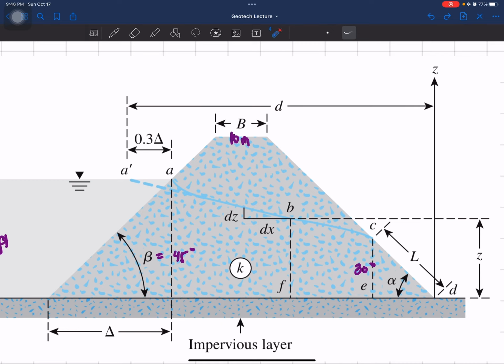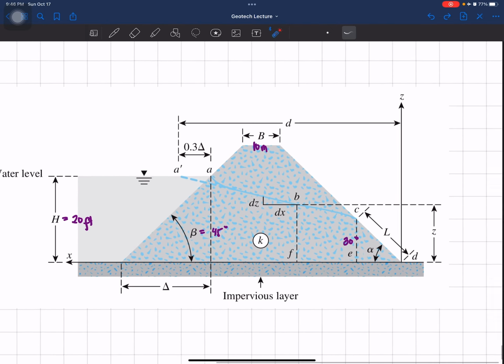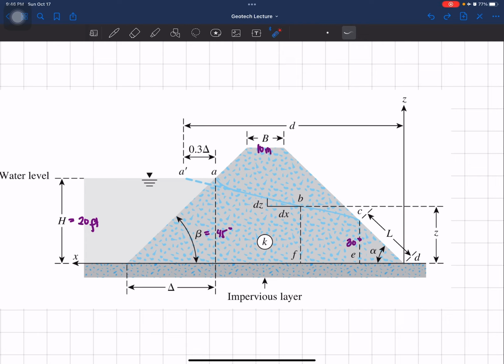The height of the dam is 25 feet. So from here to here, that's 25 feet. Then, let's now try to calculate the seepage rate.